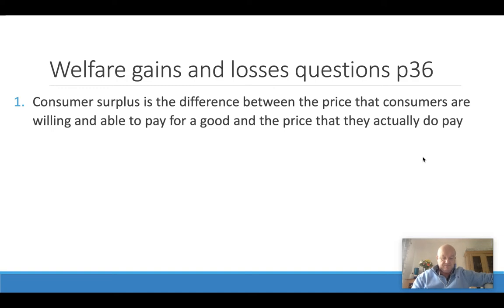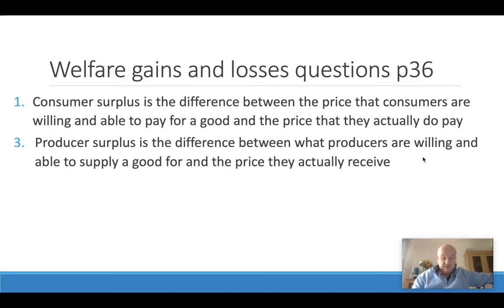Okay, so that definition is basically producer surplus is the difference between what producers are willing and able to supply a good for and the price that they actually receive. And again, I'd like you to have a go at drawing that in a simple supply and demand diagram showing where there is producer surplus. Okay.